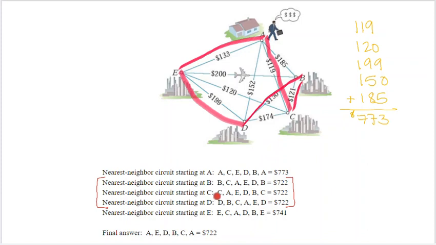Well, if I look at the nearest neighbor circuit starting at C, I go C, A, E, D, B, C. That's the same circuit that we have.